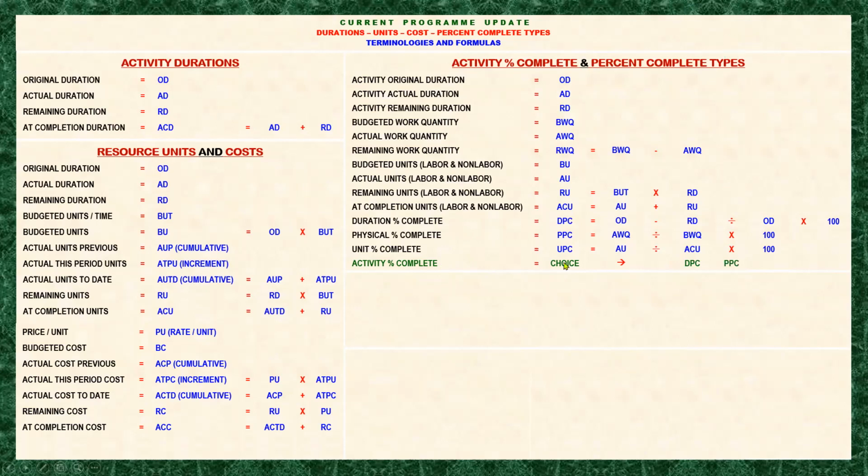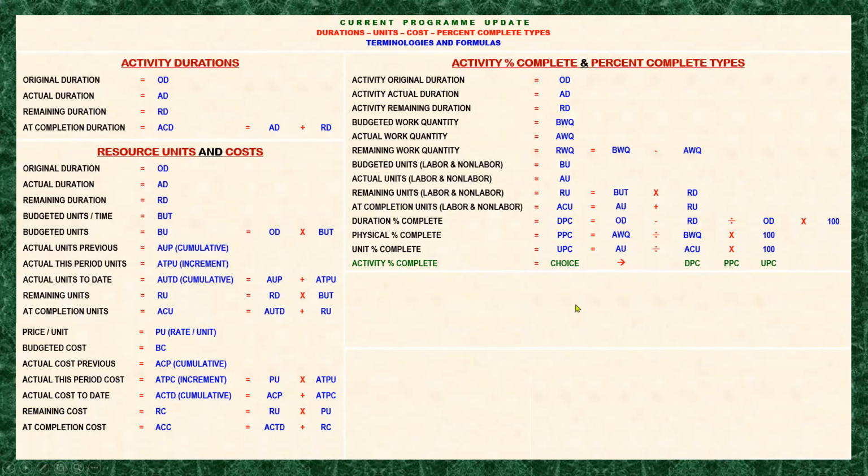Next, if we use the PPC, which is the physical percent complete, the activity percent complete will adopt it in the same way. The same goes for the units percent complete: if you choose units percent complete, then its percentage will be equal to the activity percent complete.